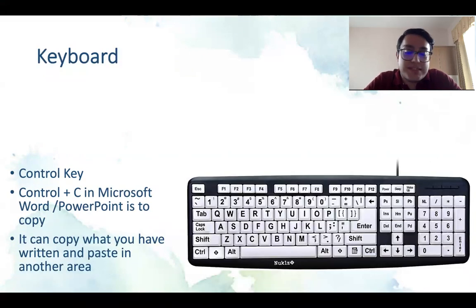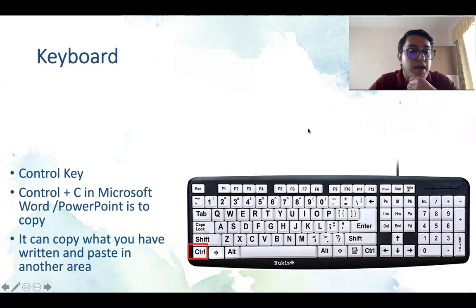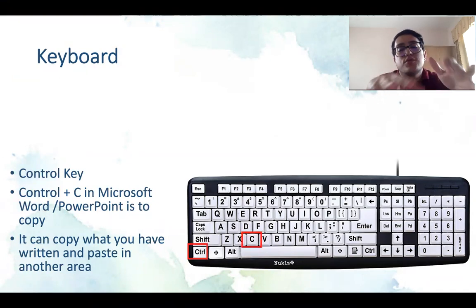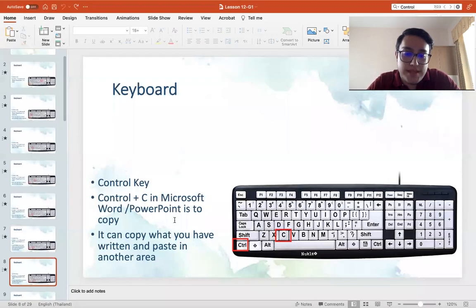Next, we have Control C. I'm sure most of you know it. I hope most of you know it. And basically, this is what helps you to copy some information. For example, it can copy what you have written and paste it in another place.